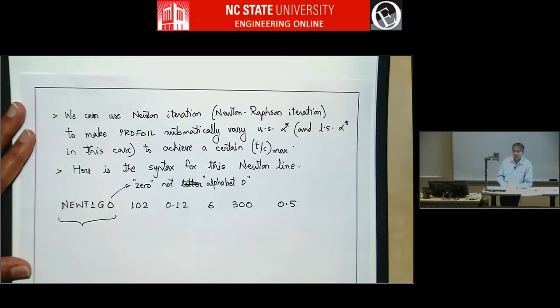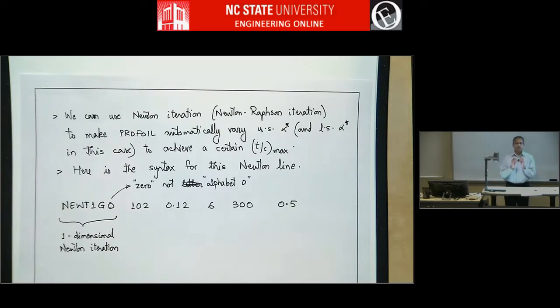So the meaning of Newt 1 G0 is that it's a one-dimensional Newton iteration. One-dimensional means one variable. That means go change one knob to get one other thing, right?